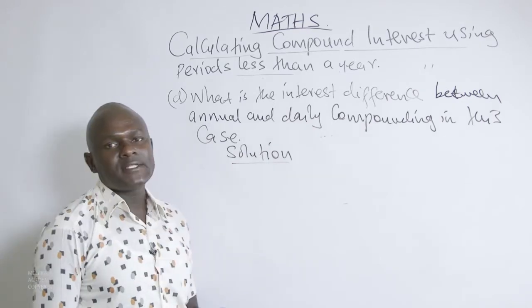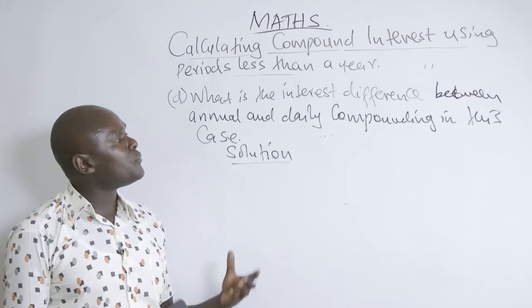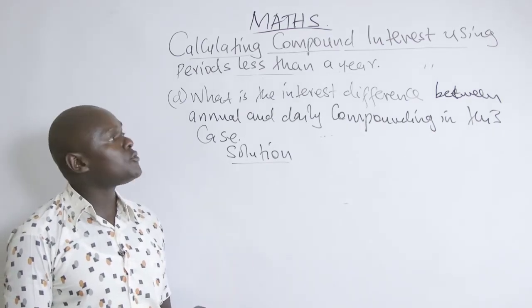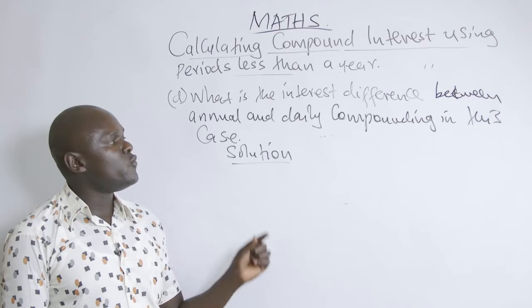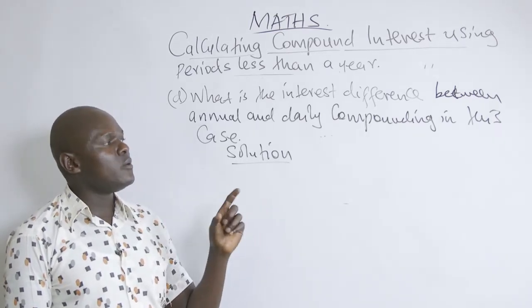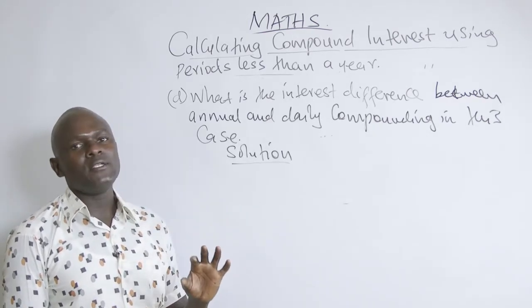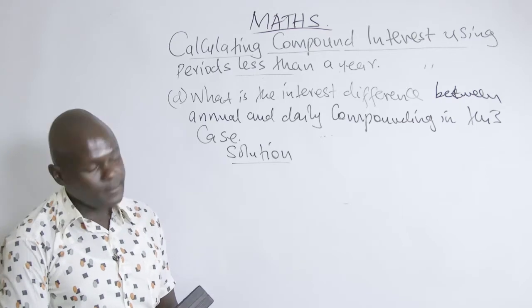In this case, we have been asked the difference between the interests, not the difference between the amounts or the principal. So we need to get the interest in each case: the interest when we were compounding daily, and the interest when we were compounding annually.